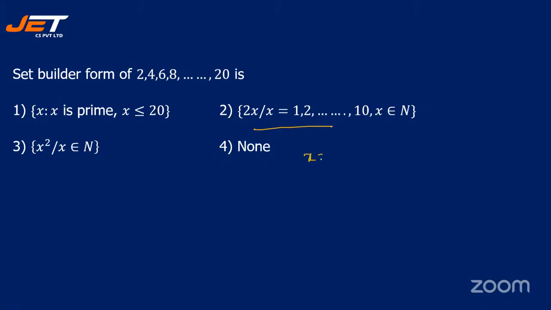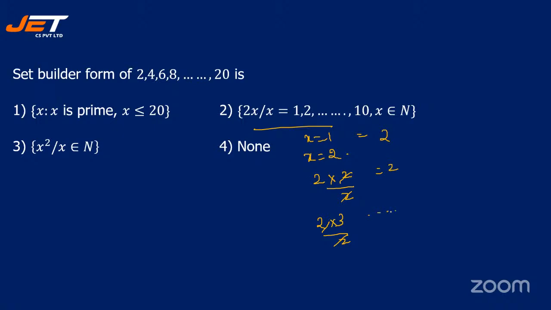If x is 1, it is 2 into 1 by 1, which is 2. If x is 2, 2 into 2 by 2. Next, if x is 3, 2 into 3 by 3, and so on, right?